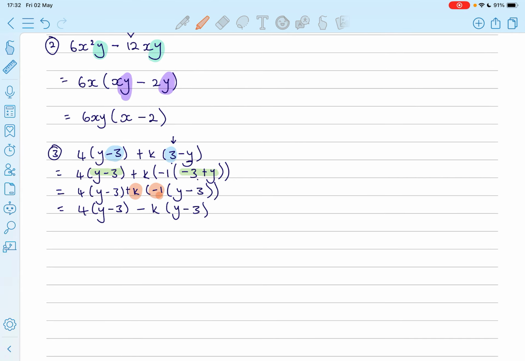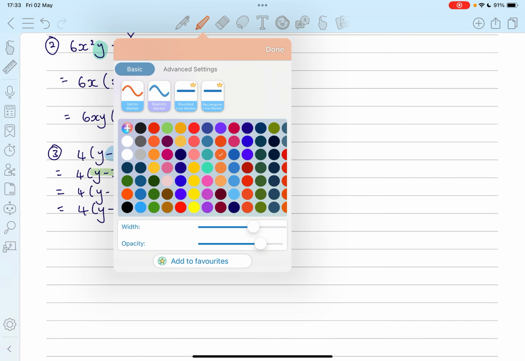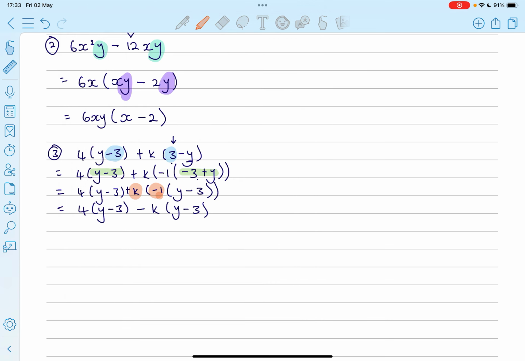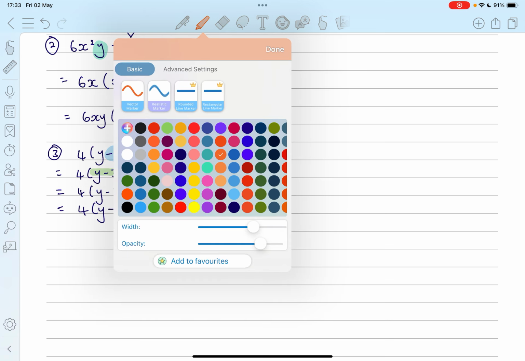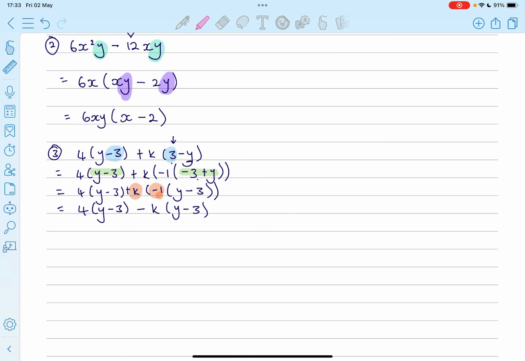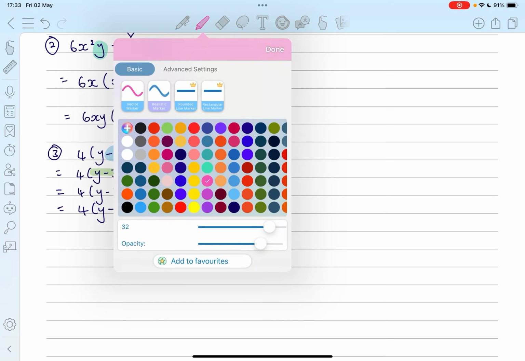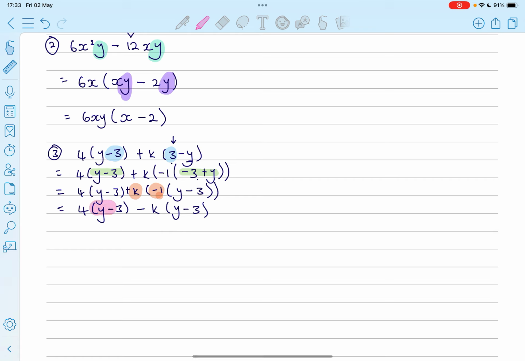Okay, so now you see that, let's make it pink and a bit wider. Now you see that this y minus 3 and that y minus 3 are common in both terms.